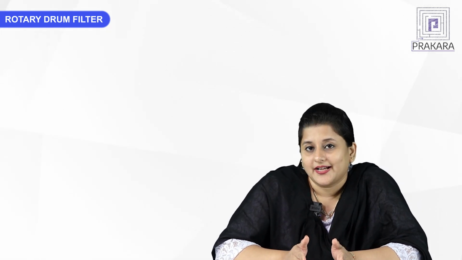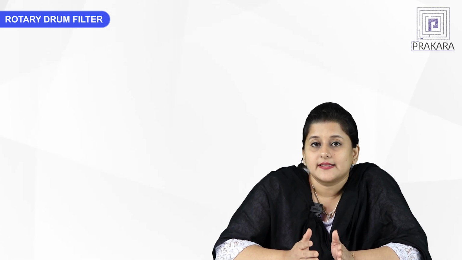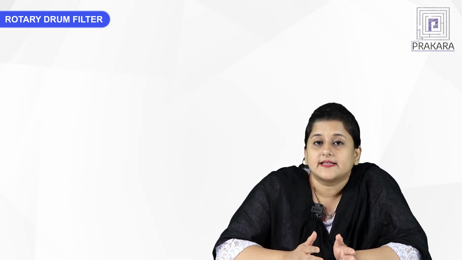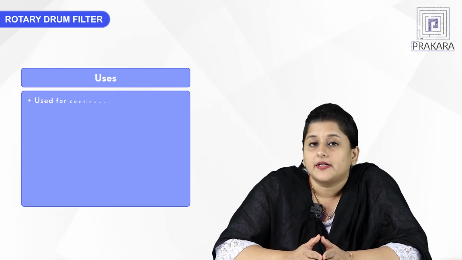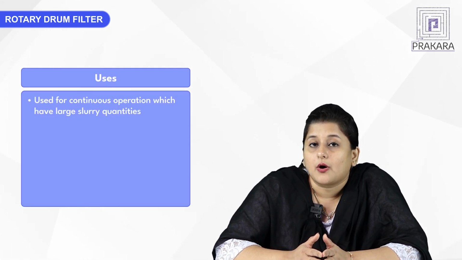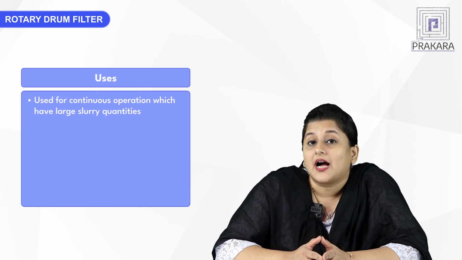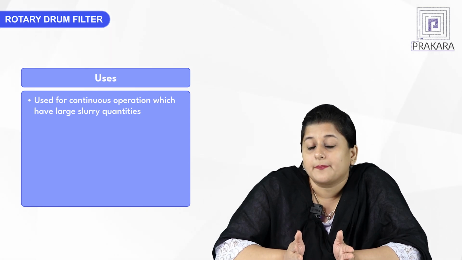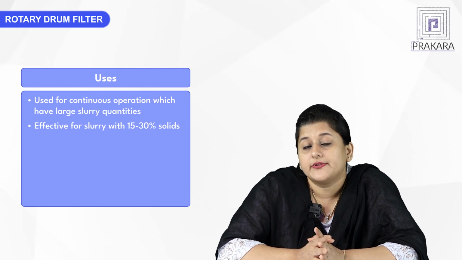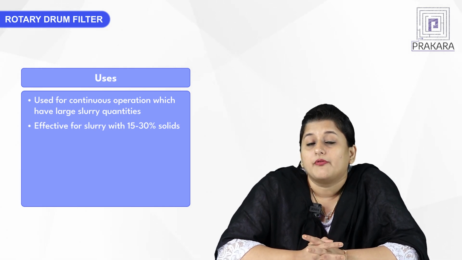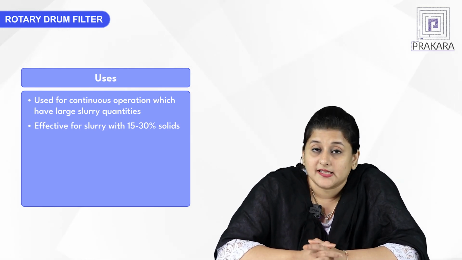So with the understanding of its construction and working, let's now look at where exactly this rotary drum filter is used. The rotary drum filter for continuous operation of large slurries is one of its biggest uses. It is especially used in the case of slurries which consist of solids of about 15 to 30% as well.